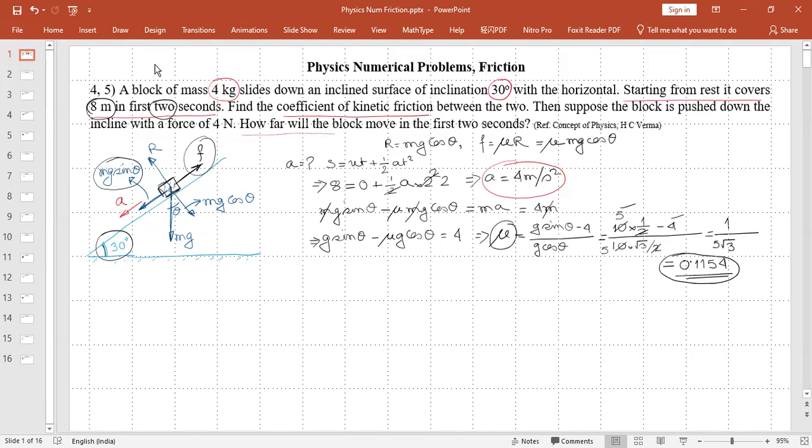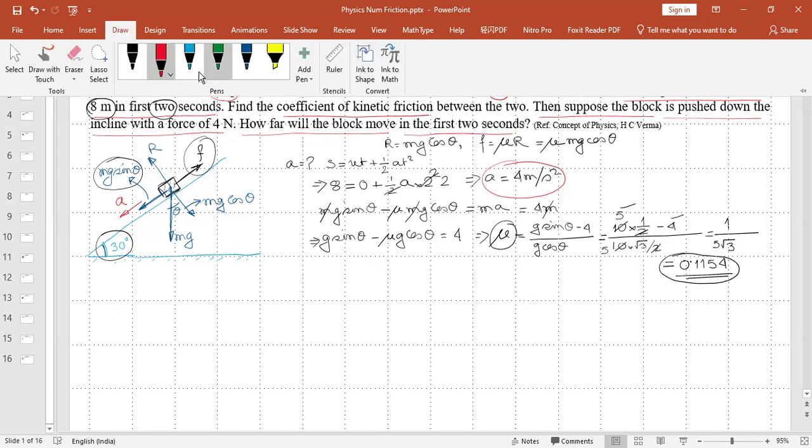How far will the block move if the block is pushed down the incline with a force of 4 Newton? In a new situation, there is an additional 4 Newton force.